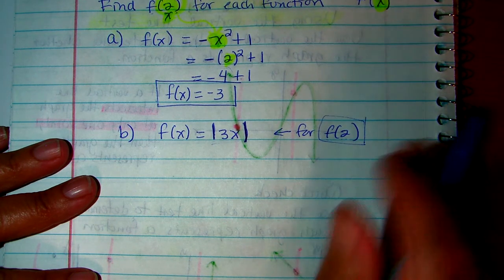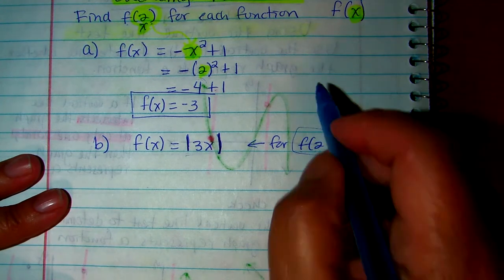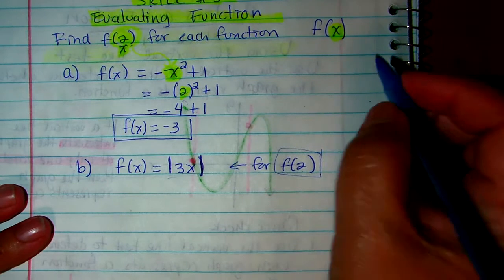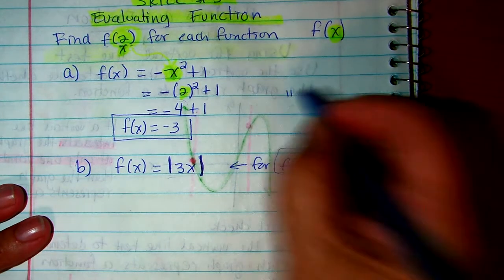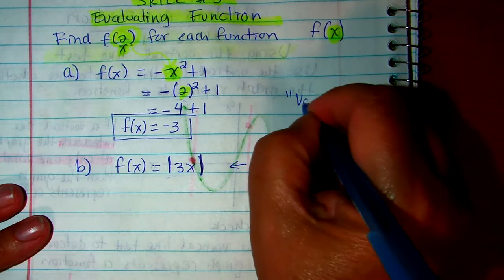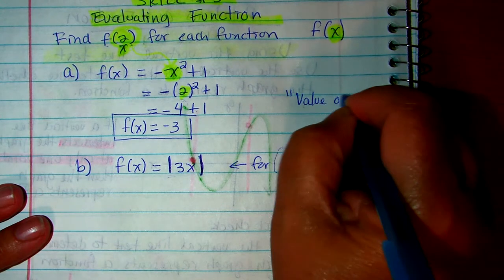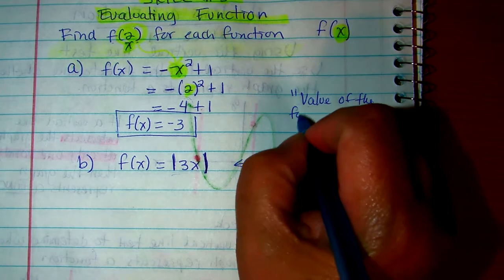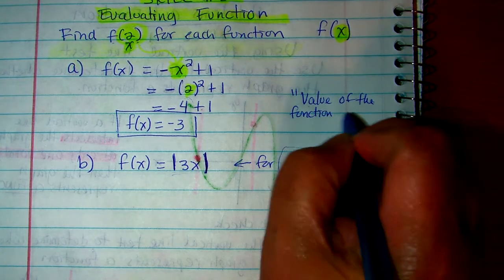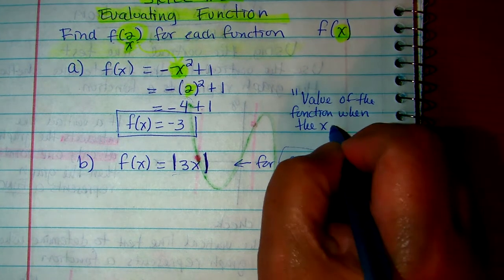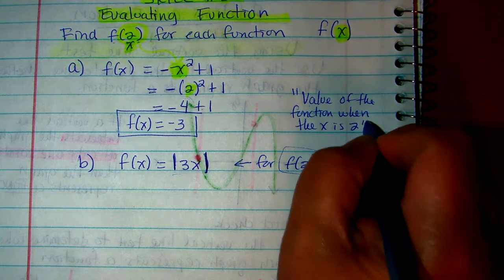Since I want you to remember that, I'm going to write it over here, and I expect to see that note in your notes. This is how we read it: value of the function when the x is 2.